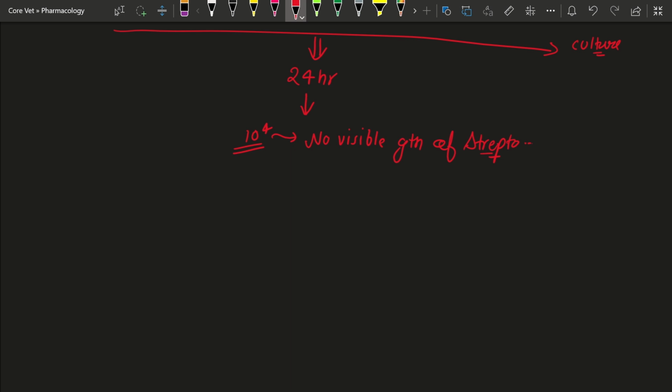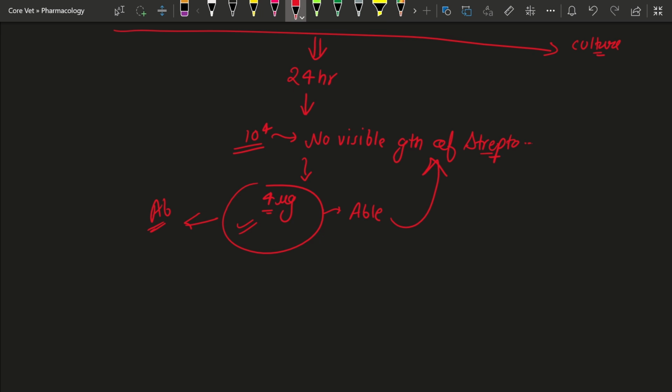So what conclusion could I draw from here? In the test tube with a dilution level of 10 to the power 4, the amount of drug was 4 micrograms. So I could conclude that this particular 4 micrograms of the antibiotic, at the dilution level of 10 to the power 4, was able to show an effect on the streptococci, as there was no visible growth.